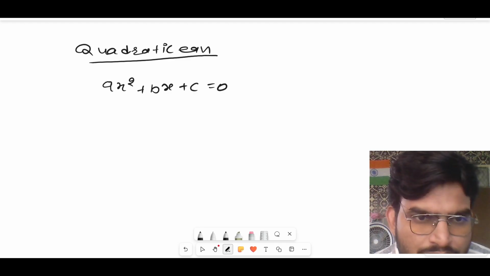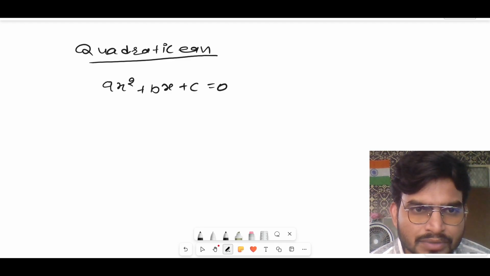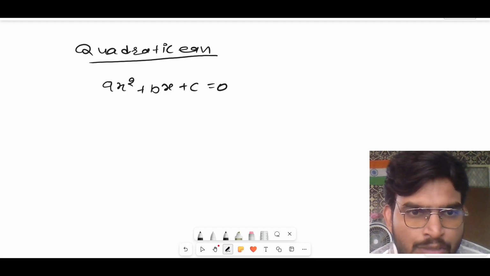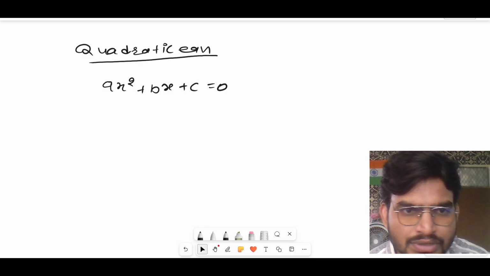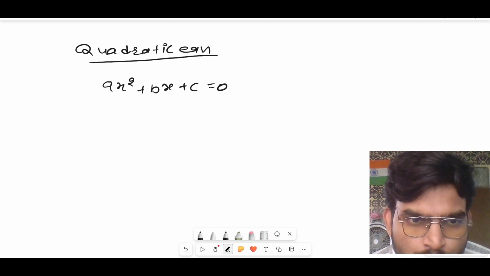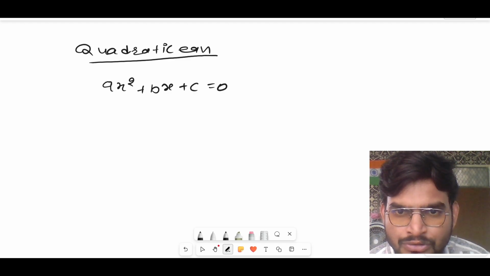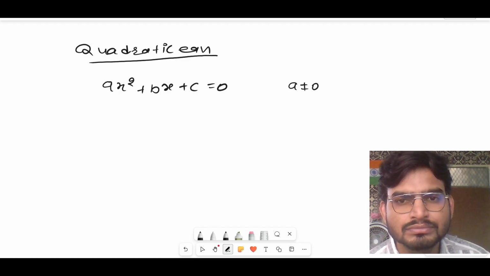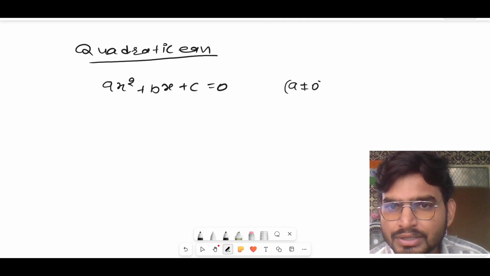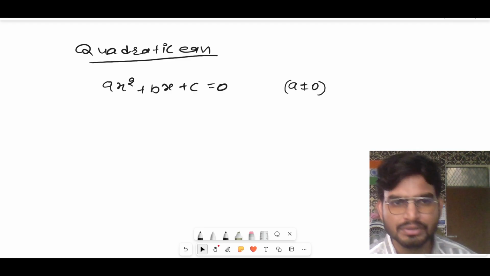This is the equation, and we can see the maximum power in this equation is equal to 2, and here the condition for the quadratic equation is a is not equal to 0. This is the necessary condition for the quadratic equation.